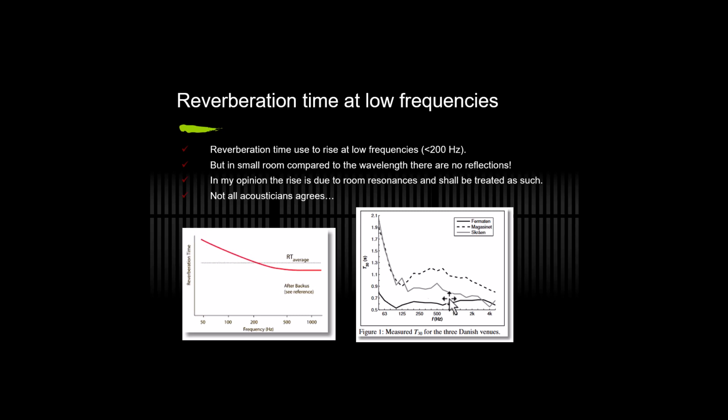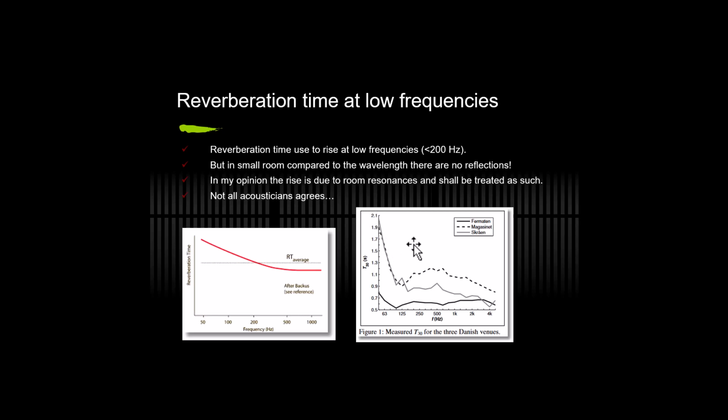Here are a few examples of arenas. There you see actually the reverberation time around 1 second, and then it will rise at lower frequencies. It's quite big arenas here, so it's around 125 Hz. It will double the reverberation time.